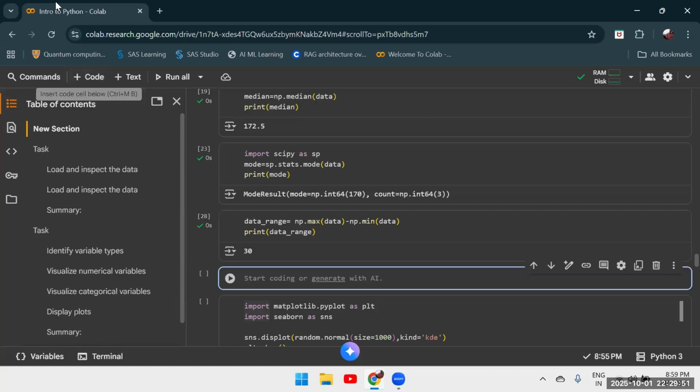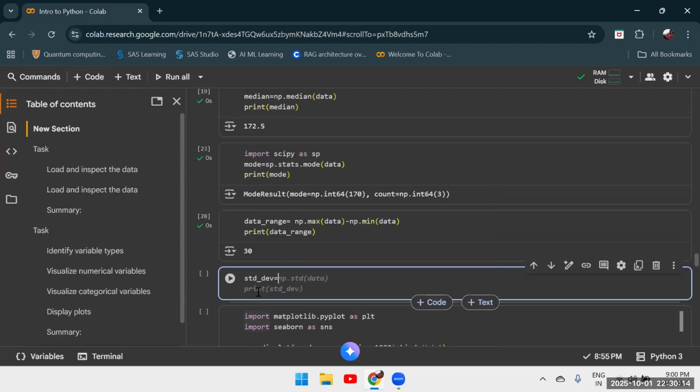Okay, great. So let's see one more concept and we'll end today's session. From the sample data we saw, I'm going to show you one more concept called standard deviation. For the same data, let's compute the standard deviation. Yesterday we saw the formula for standard deviation, but we have not computed it yet.